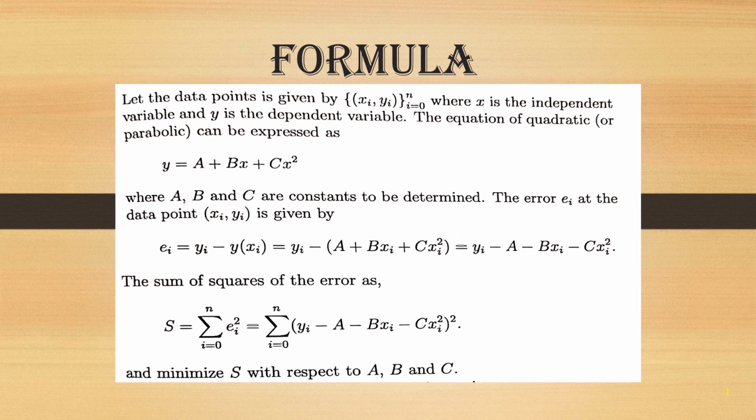To minimize the total least square errors, we need to find the sum of square of the error as s equals summation of (yi minus a minus b xi minus c xi squared) squared. And then we need to minimize s with respect to a, b, and c.